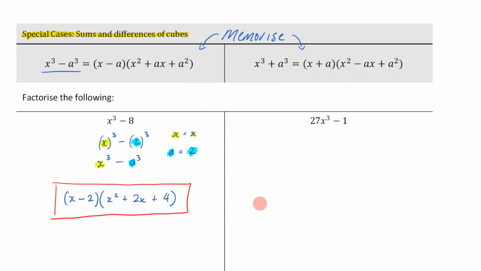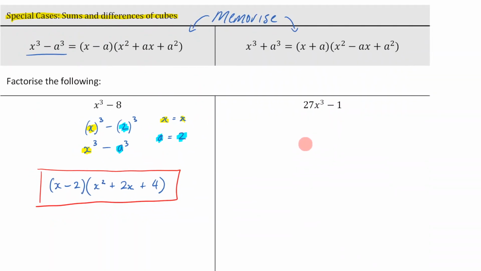So let's come to our next one here, and yet again, it's a minus. The first thing that we need to do is just write these as cubes. So this is 27x cubed, so that would be 3x, and then the whole thing would be cubed here, then minus 1 cubed. So in this case, remember, it's x cubed minus a cubed, well, x will be 3x, and then a is going to be equal to 1. And now we just follow it again.